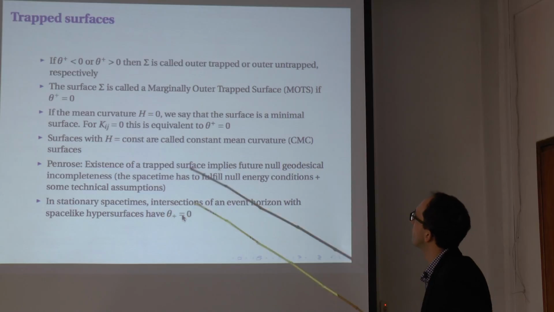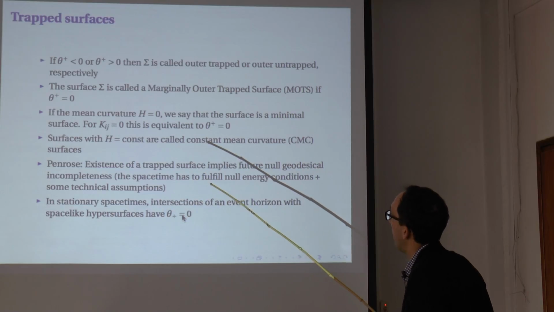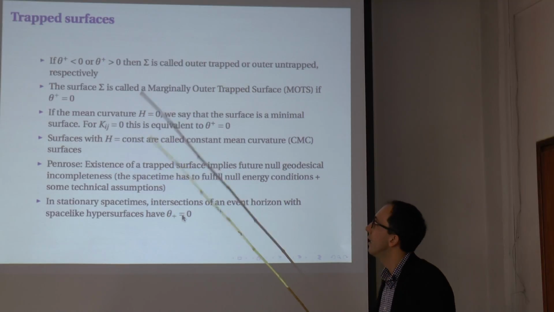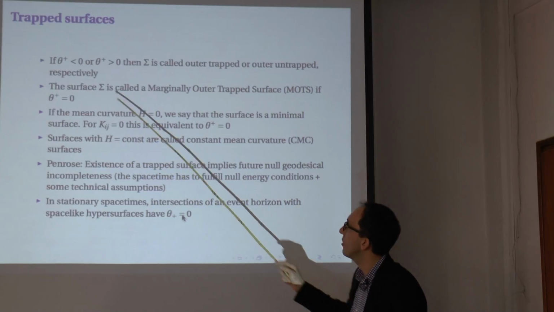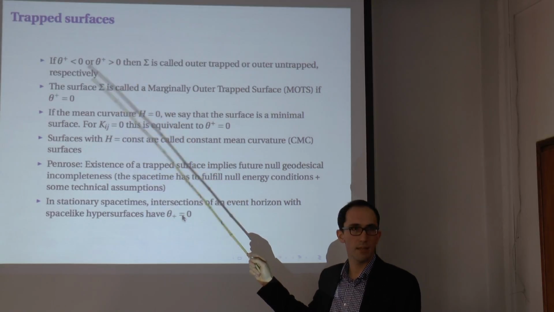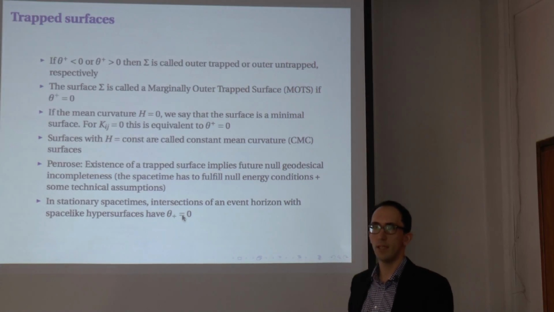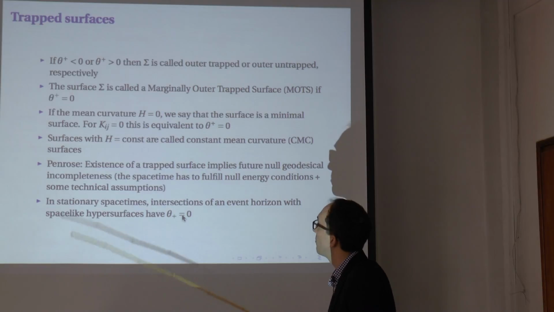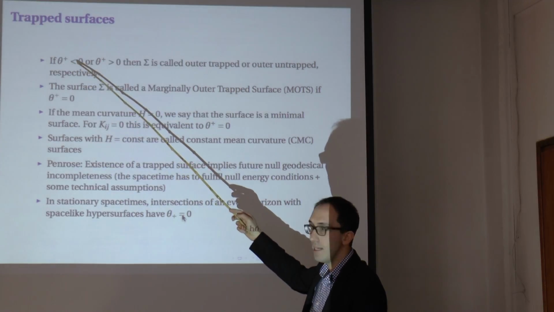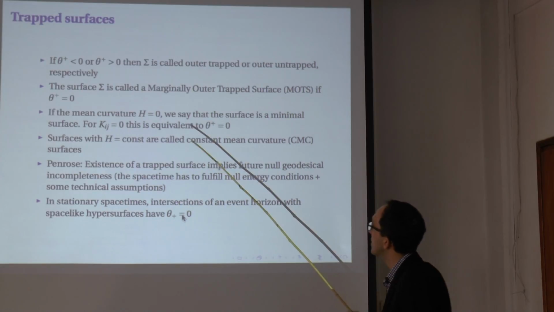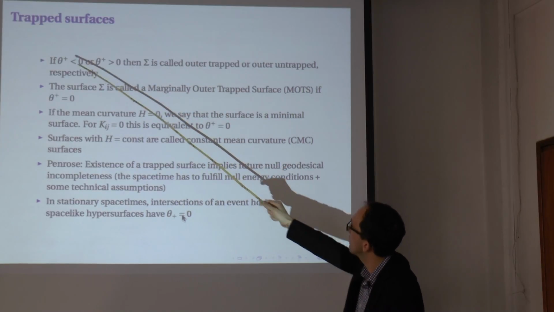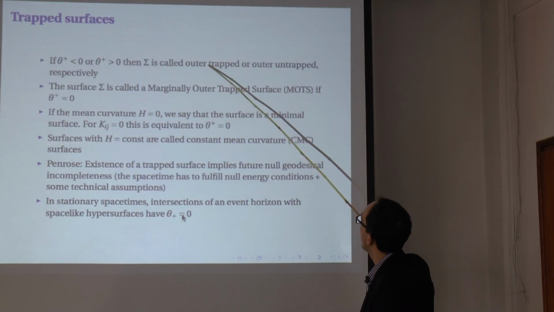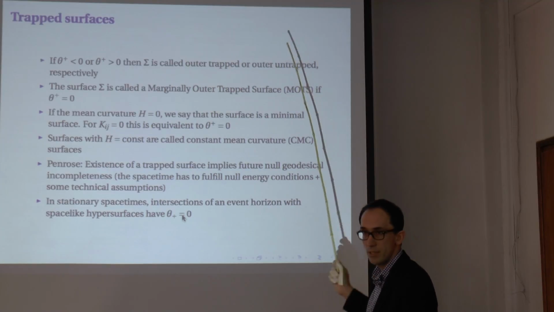Now, it turns out that in many technical cases, it's sufficient to focus only on one of the thetas, and many theorems would work if you only analyze one of the thetas. And by convention, let's choose theta plus, and then there is a special terminology that when theta plus is negative or theta plus is positive, you call sigma an outer trapped or outer untrapped surface, respectively.